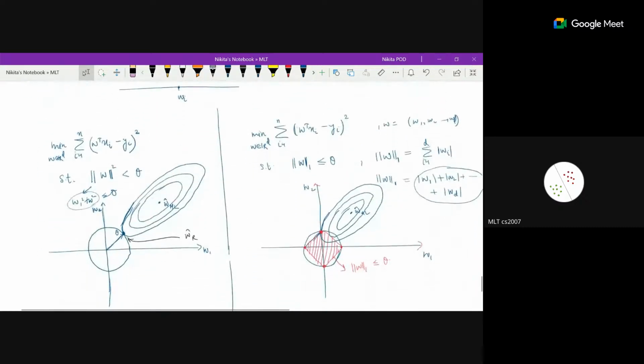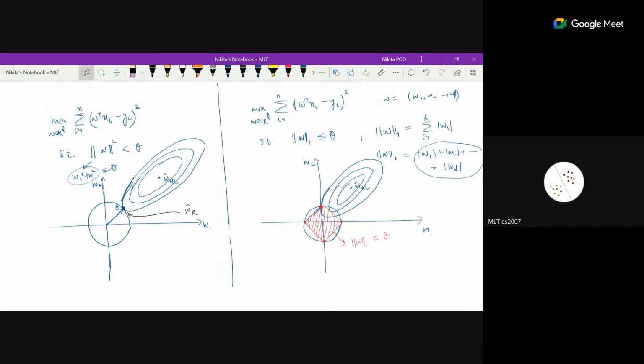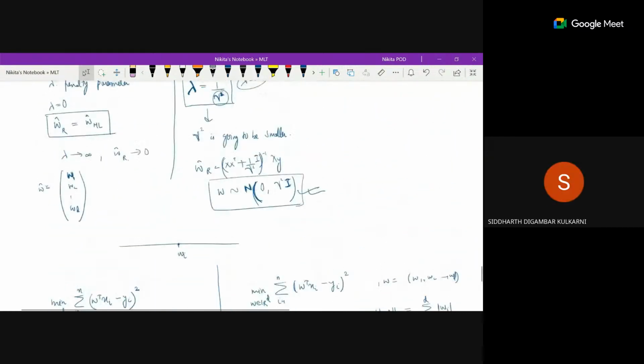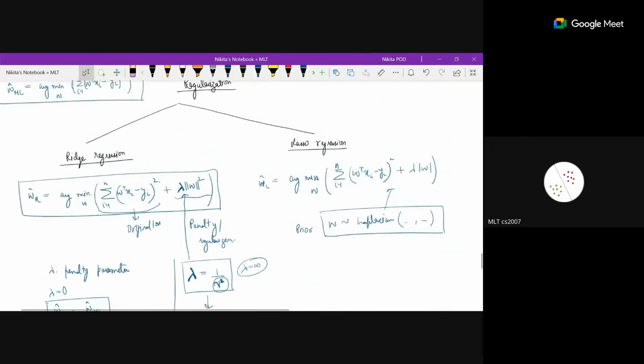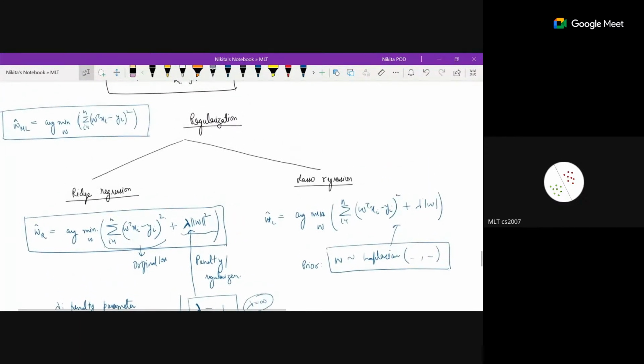Okay. So this was about the ridge and the lasso regression. Both these regressions are basically reducing our mean square error, and they have been obtained using different priors that you can put on the W1, hence the different results.